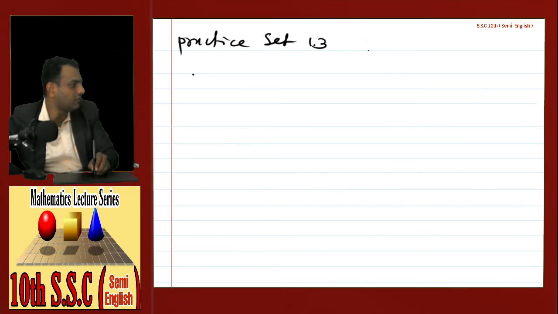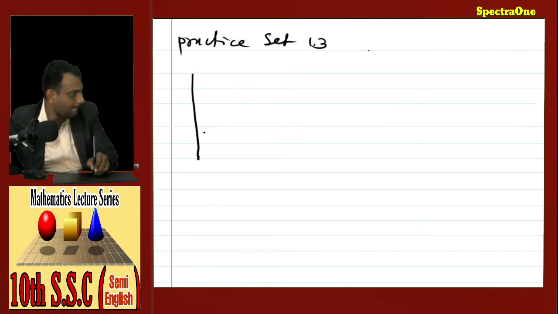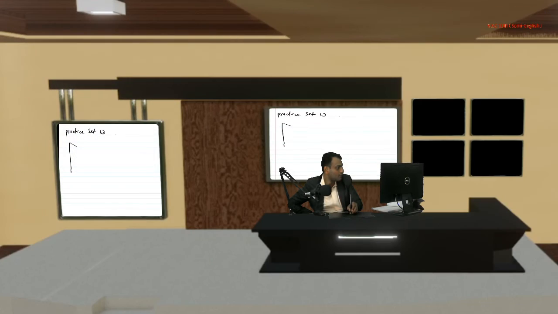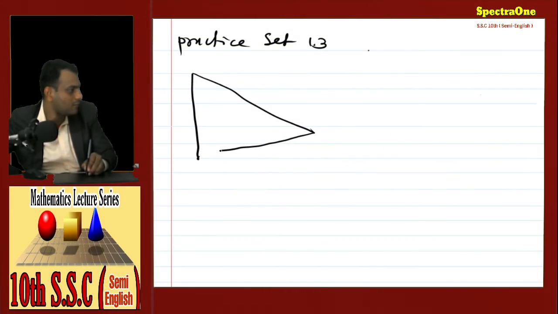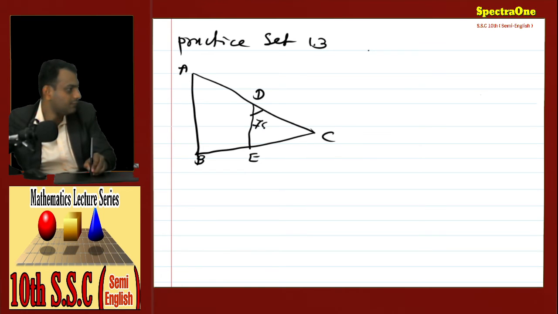We will talk on that figure. This is B, A, C, D, E. That angle is 75 degrees.